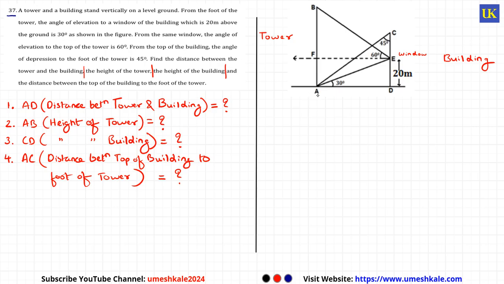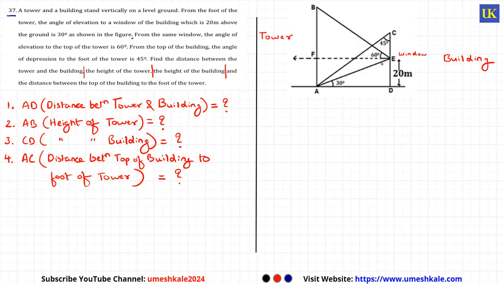So from the foot of the tower, towards the building, E is the window till here. ED is the 20 meters and the angle is 30 degrees. So this is given until here. From the same window, the angle of elevation to the top of the tower is 60 degrees.